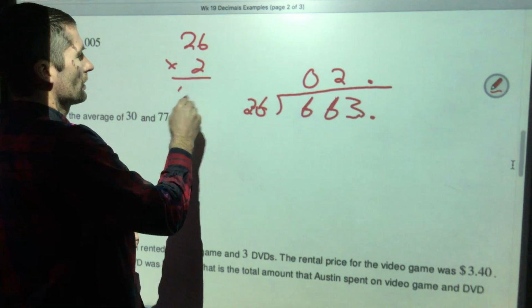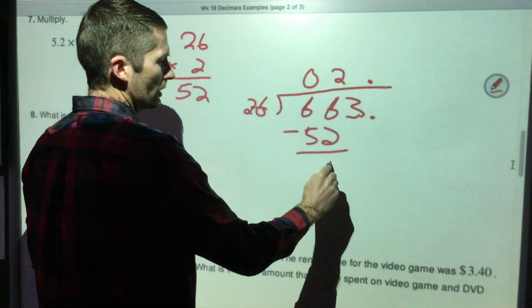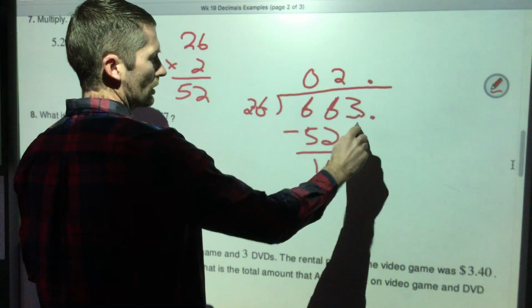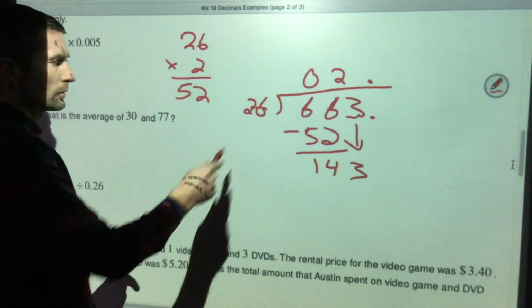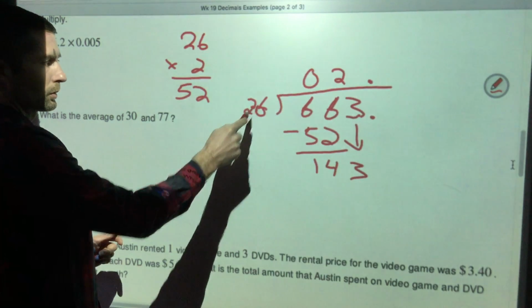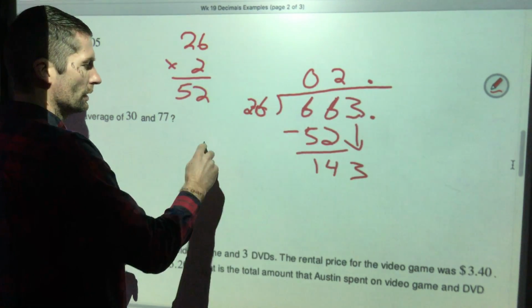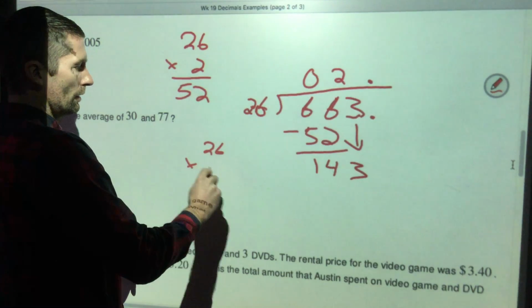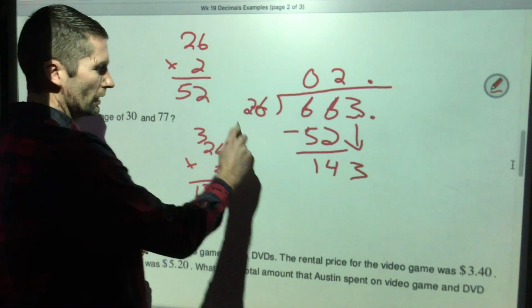Work this out off to the side. 66 minus 52 is 14. Bring down the 3. 26 into 143, I don't know. 26 is close to 25 though, which are quarters. 5 quarters is 125, 6 quarters is 150, so it's got to be 5. 130.